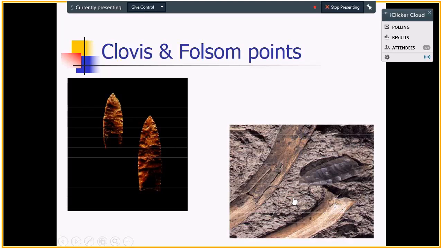You can see how this Folsom point was found in the rib of some large animal. These stone tools allowed Native Americans to hunt efficiently, and they could provide food for themselves.